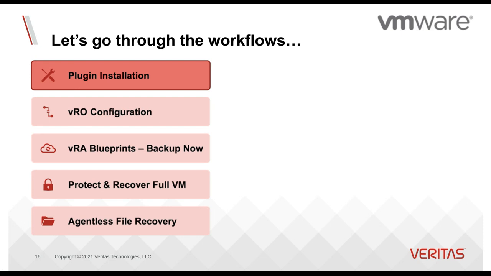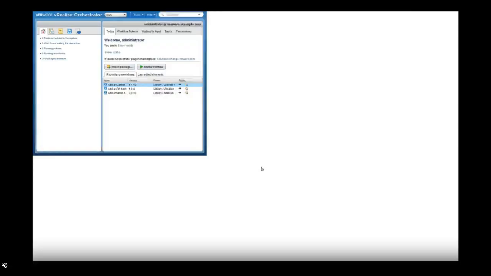It's one that's already configured, and all you're going to do is run through it and do a full VM backup and recovery, as well as an agentless file recovery. So let's get right to it. This is a series of pre-recorded videos, and I'll be narrating through them. That way it was easier, given there were some challenges that I had with sharing a live demonstration. So let's take a look at the first one.